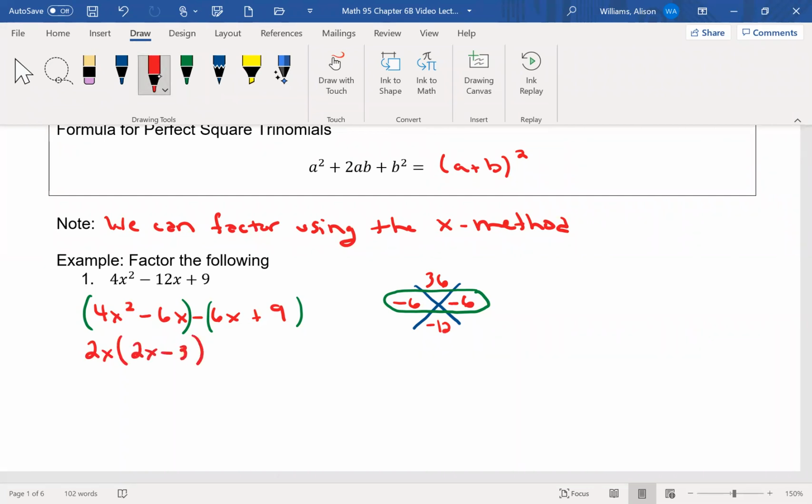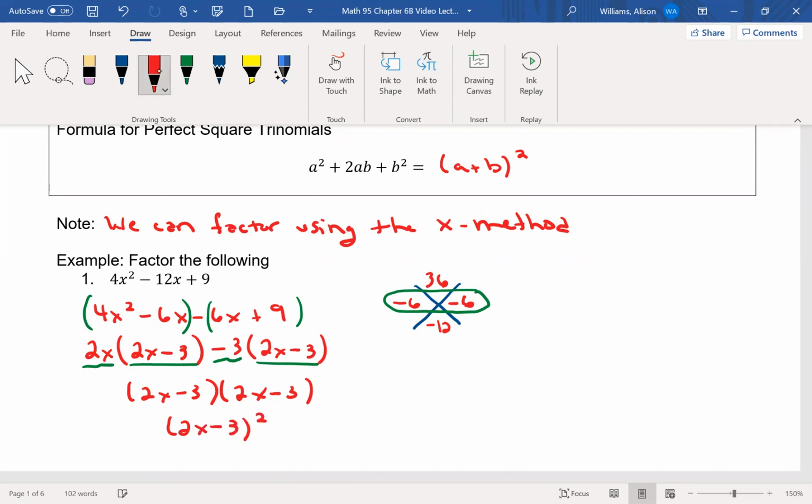Out of the second group, I'm going to factor out a negative and a 3, and I'm left with 2x minus 3. So the blob is 2x minus 3, and then I'm left with 2x minus 3 here on the outside also. And since it's the same thing, I could actually write that as 2x minus 3 squared.